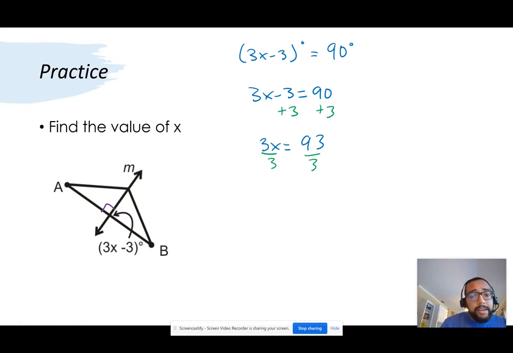Actually, it's just 31. Notice x is 31, but not 31 degrees, okay? Because here, if I was to plug in 31, let me get my laser pointer out, multiply that by 3 and subtract 3, that would equal 90 degrees, which is true because it is a perpendicular bisector. All right.